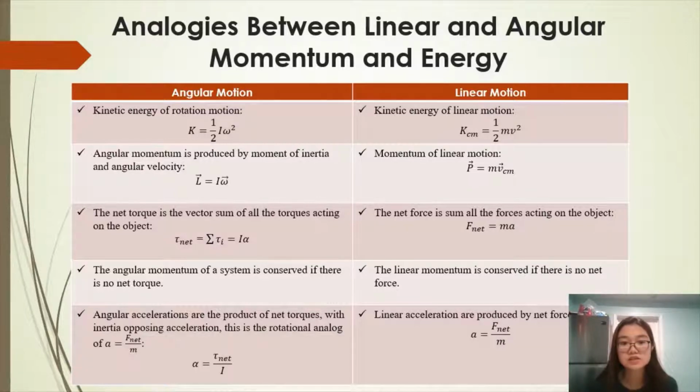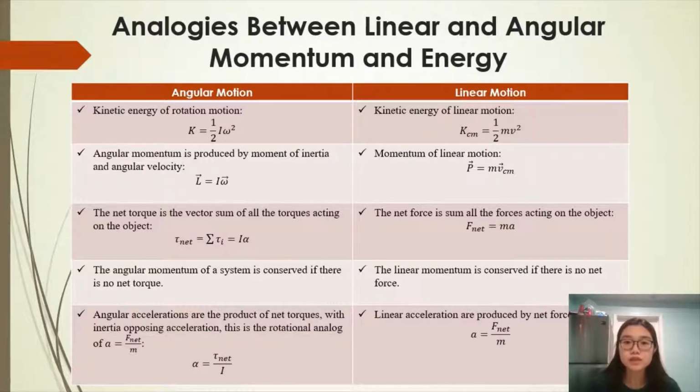This is the rotational analog of acceleration equals the net force divided by the mass. Likewise, the angular acceleration is defined as the total net torque divided by the moment of inertia.